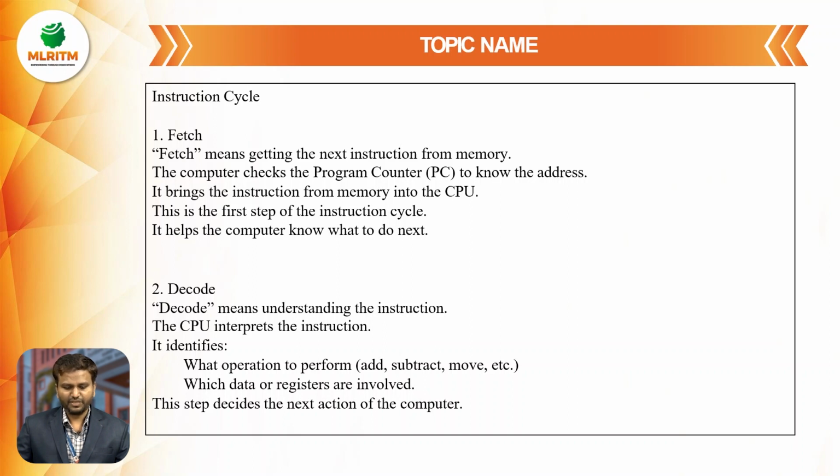In memory, we have a lot of instructions, and they are pulled from memory into the CPU. This is the first step of the instruction cycle, and it helps the computer know what to do next. When an instruction is to be executed, first we need to fetch it.